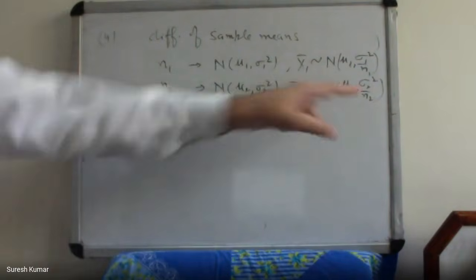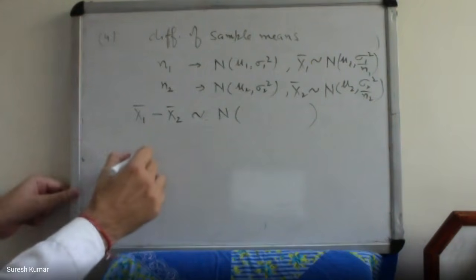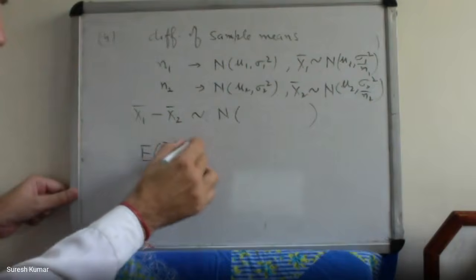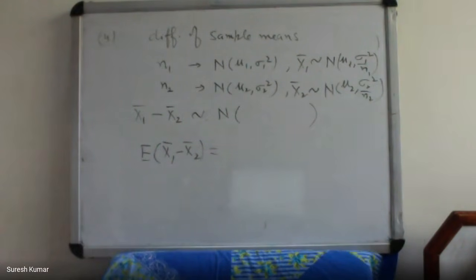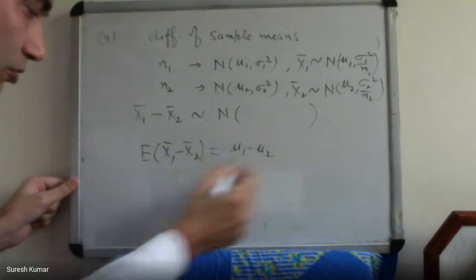So, what should be the mean of x1 bar minus x2 bar? You know this expectation rule. It is E of x1 bar minus E of x2 bar, which means this should be mu1 minus mu2.